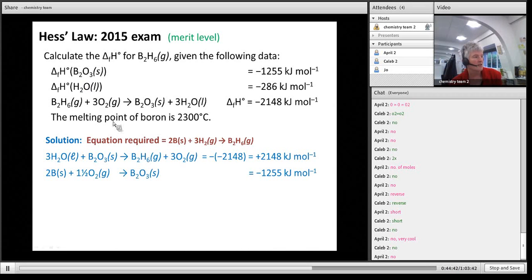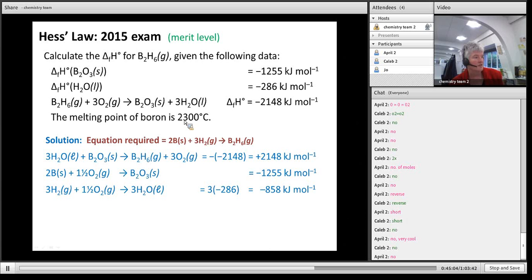This is to get the B2O3. Remember, one substance for the formation from its elements in the standard states. So boron and oxygen. And the same thing here, this would be water for heat of formation. So I'm going to have water being made from hydrogen and oxygen gas.